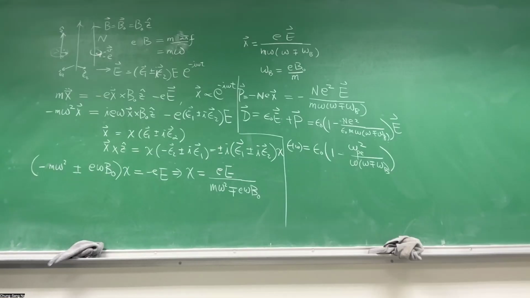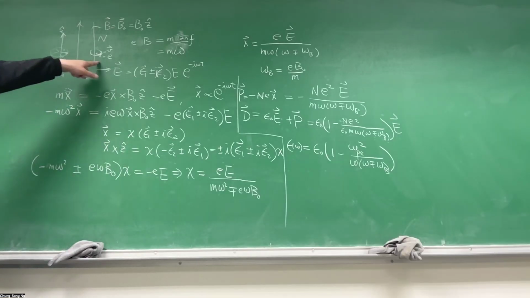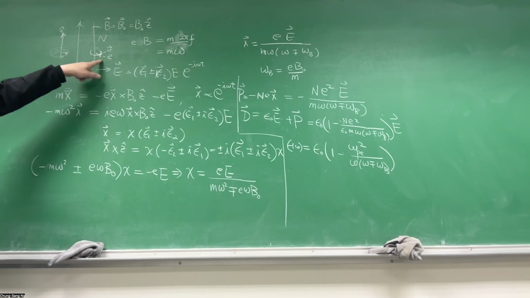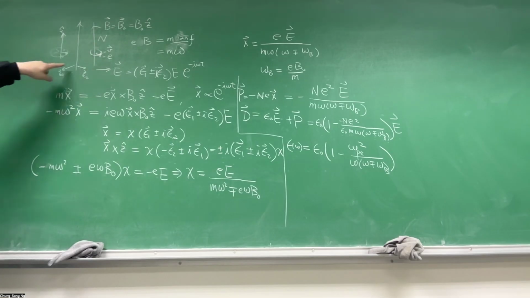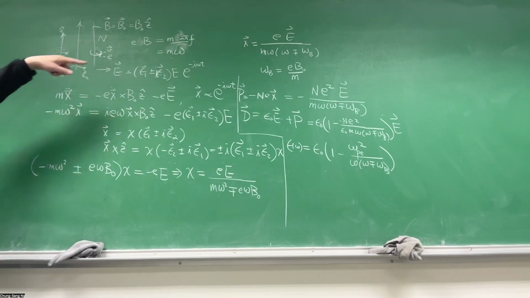The right-hand rule. And by the discussion we had, the electron cyclotron motion is in the same sense as the electron moving with this right-hand motion.